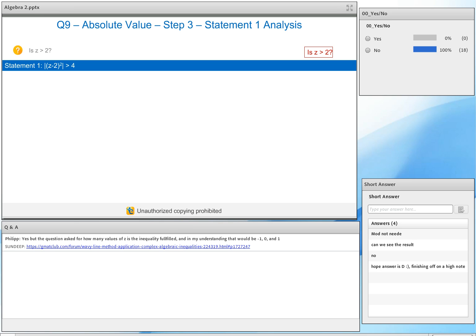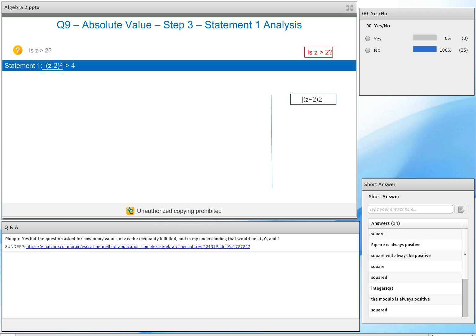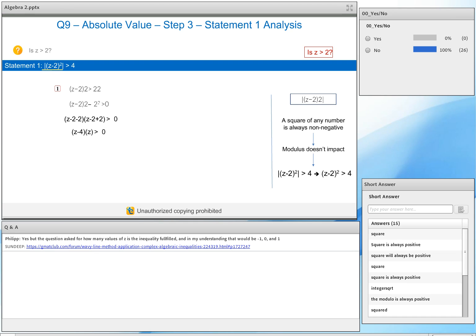Absolutely right, mod is not really needed. Why is that the case? Because it's already squared. So you have a square within a modulus, and a square of a number is always non-negative. So there isn't much utility in having a modulus here.